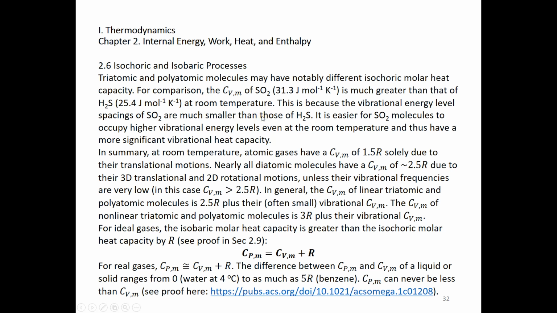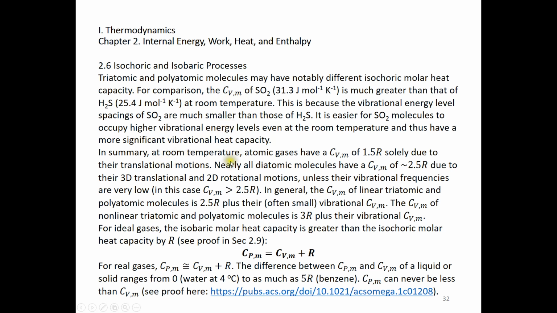So even if each vibration mode contributes a very little amount of molar heat capacity, if you add up 144 such vibration modes, it can still be significant, and they still have a larger isochoric molar heat capacity than those smaller molecules.